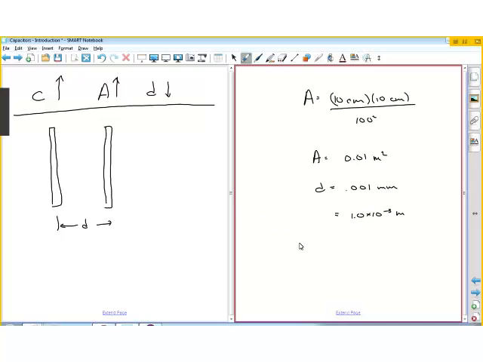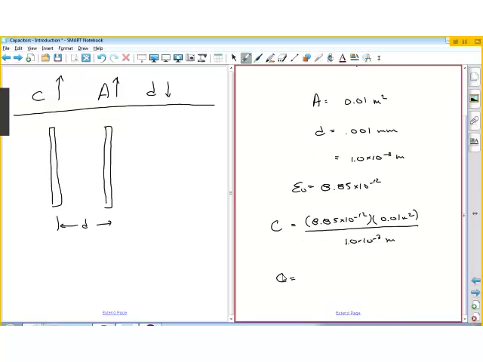And we already have epsilon 0. I wrote that down. Epsilon 0 is 8.85 times 10 to the minus 12. Okay, so the capacitance of a capacitor that's 10 centimeters, about 4 inches, so 4 by 4 with a millimeter between them, is 8.85 times 10 to the minus 12th times the area, 0.01 meters squared, divided by the distance, 1.0 times 10 to the minus 3 meters.